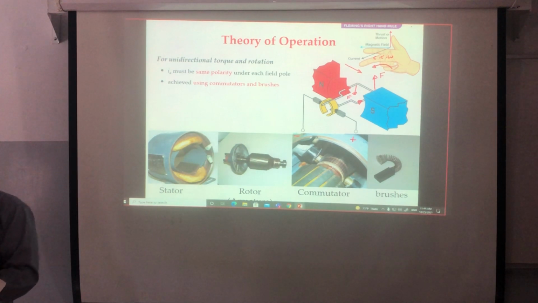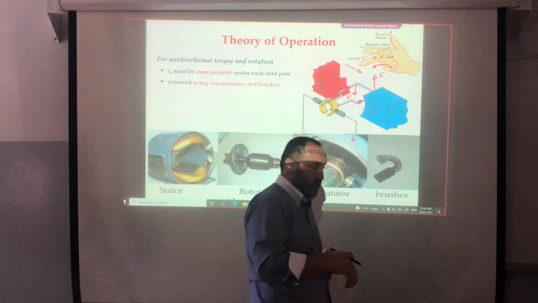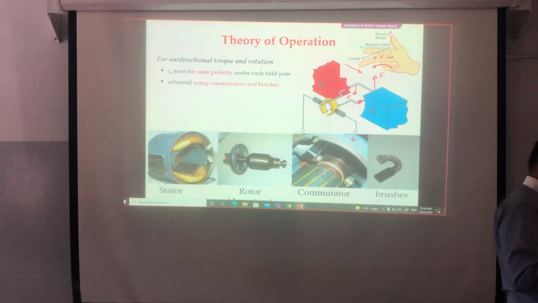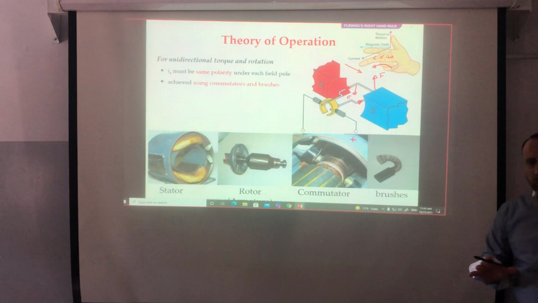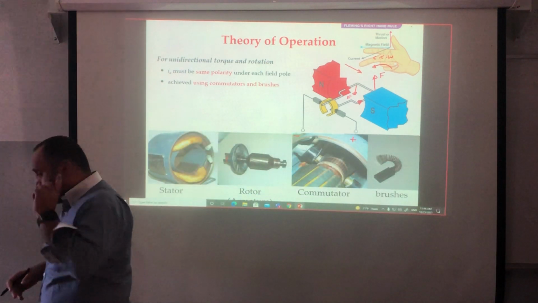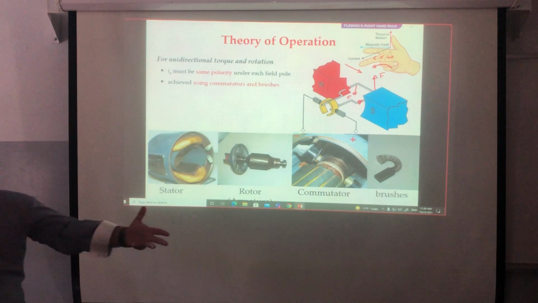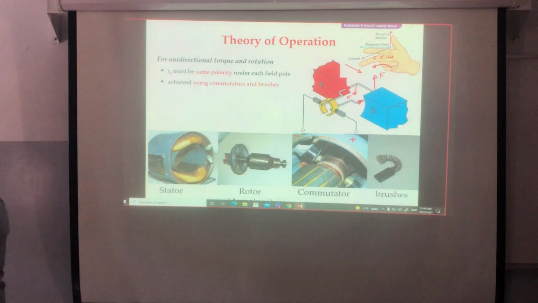Before the revolution of power electronics, before the theory of the electromagnetic field, the induction machine, the DC motor was the horsepower of the industry. Nowadays, no one uses it as a classical DC machine. You can hear the term brushless DC machine. The brushless DC machine is not a DC machine. It's a synchronous machine.